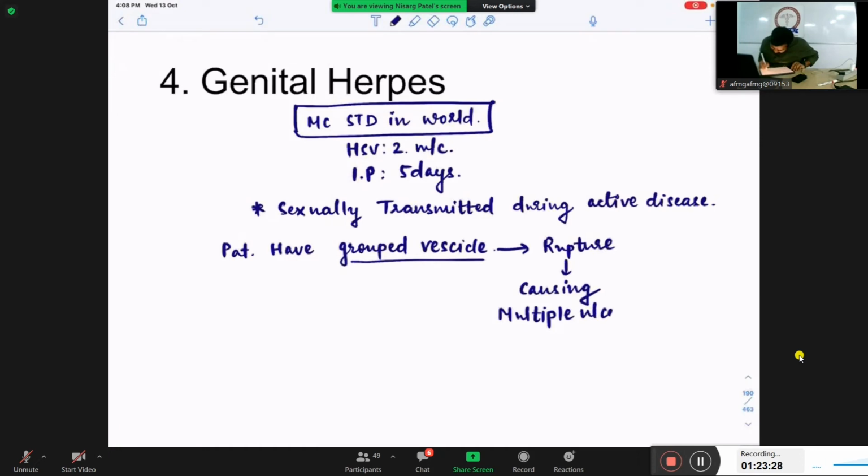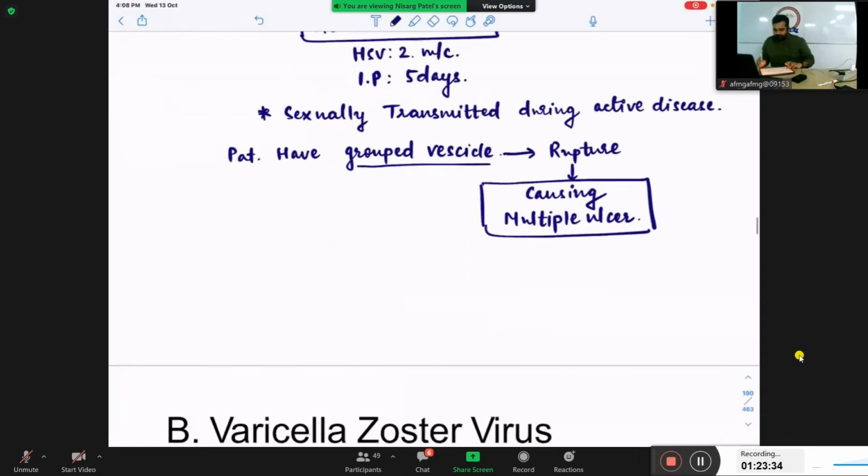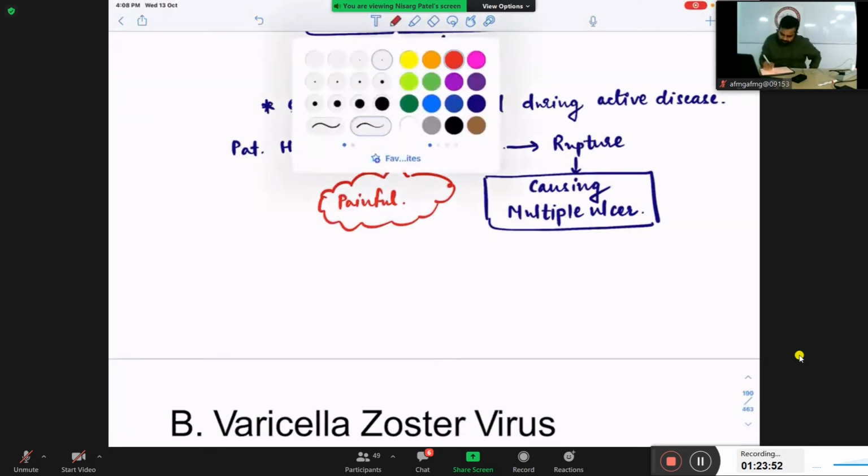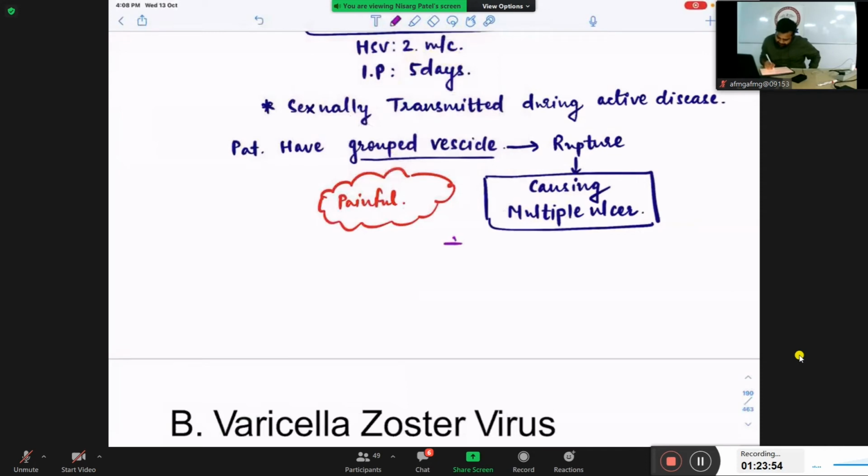It will cause multiple ulcers. And will it be a painful ulcer? Remember this, it will help you answer questions on this. These will be painful. Along with that, this patient will also have lymphadenopathy.